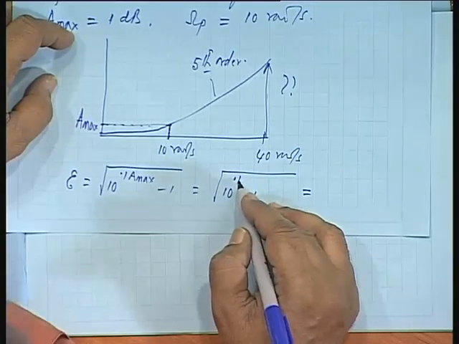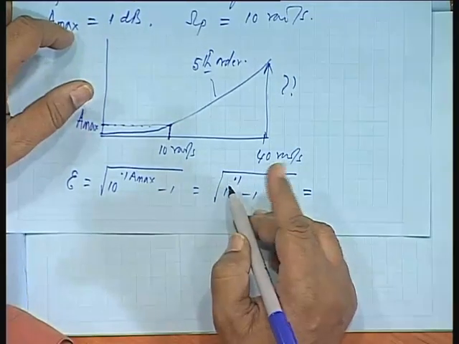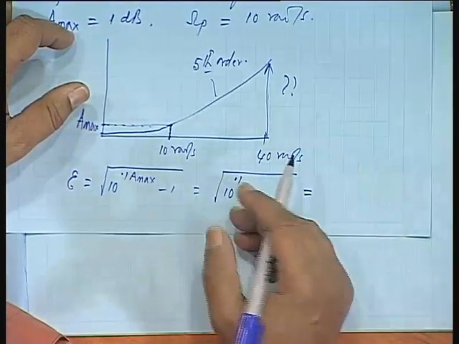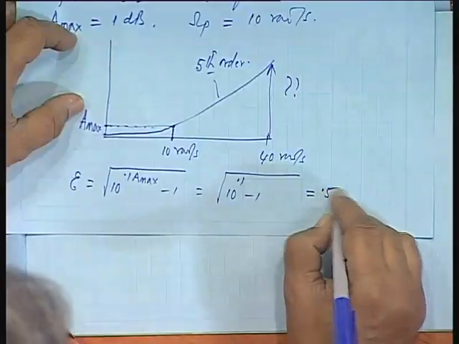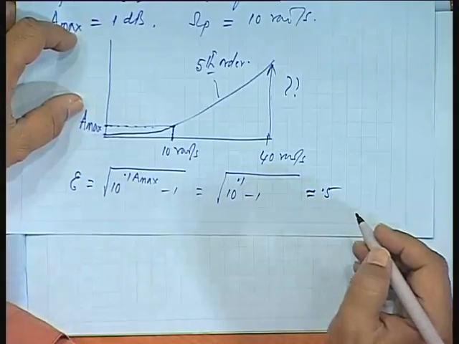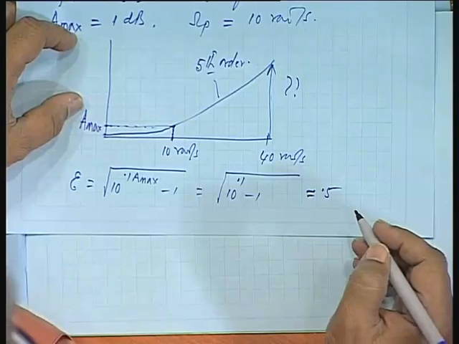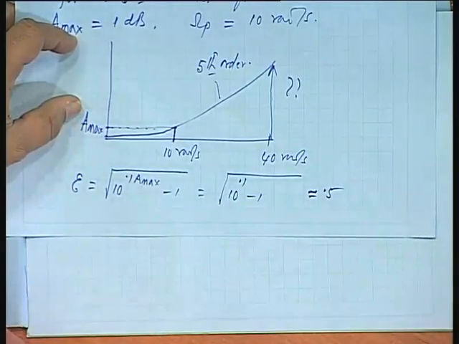If you take log, 0.1 into log 10 is 1. So, 0.1 that is log of 5 minus log of 4 approximately. Log of 4 is 0.6, log of 5 is 0.7. So, 5 by 4 is 1.25. So, 1.25 minus 1, under root of that, approximately 0.5. Under root of 0.25.